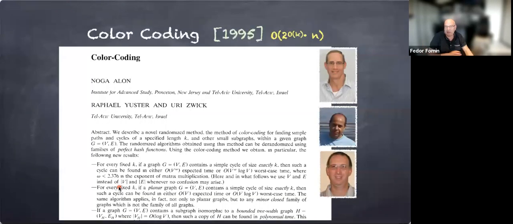The answer was found in an extremely influential and beautiful paper, which also introduces the technique of color coding. This is the paper of Noga Alon, Raphael Yuster, and Uri Zwick. That was a big breakthrough in the area. They give an algorithm of running time c to the k, for some constant c.